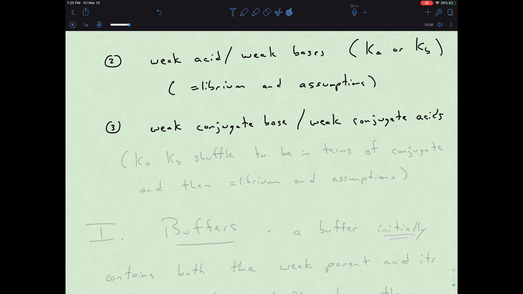Remember, with this one, we had to do the Ka, Kb shuffle, right, to be in terms of the conjugate, and then it was just the same idea as far as equilibrium and assumptions.